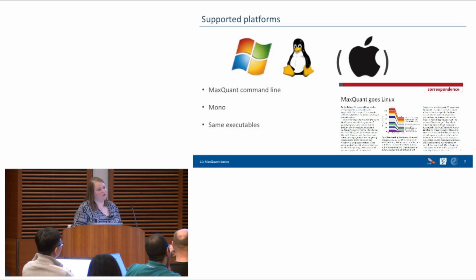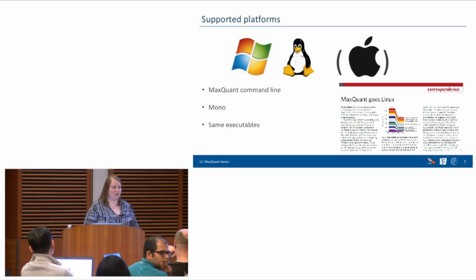Usually for Windows and for Linux, you have the MaxQuantCmd.exe, where you can start MaxQuant on the command line. For Windows you say MaxQuantCmd.exe and then you give the MQ file where you specify all your parameters. This is the same in Linux, with the only difference that you write mono before it. And then it should run.